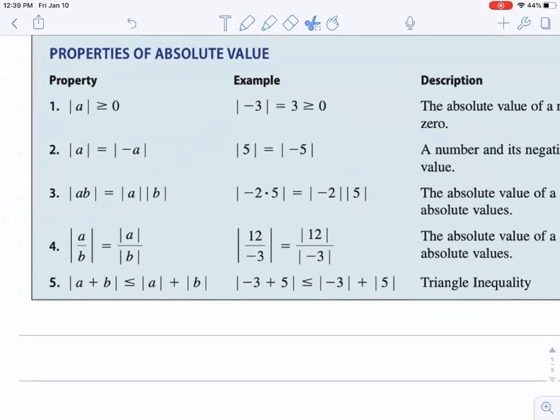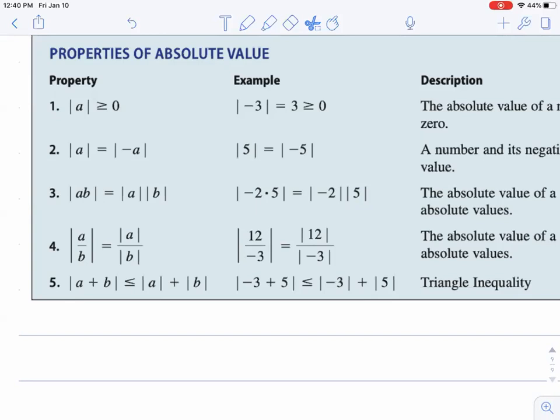The key one being that the absolute value can actually get transferred. If you're multiplying inside, you're multiplying the absolute value of each of those terms. Same thing for division, you can split that absolute value up. However, for addition and subtraction, it doesn't necessarily work the same way.